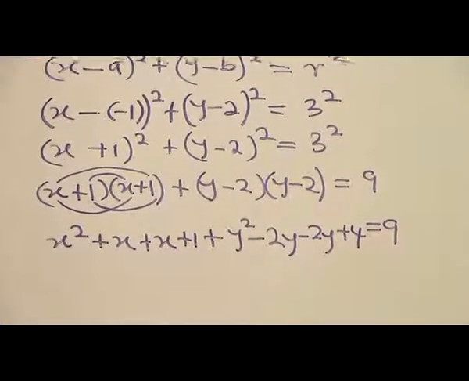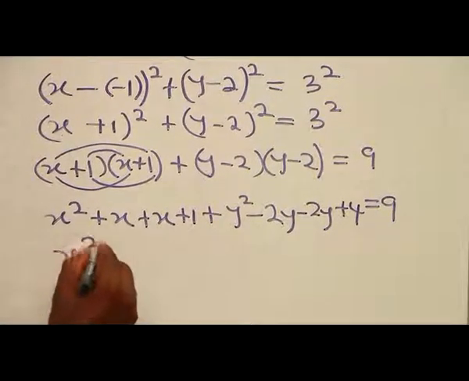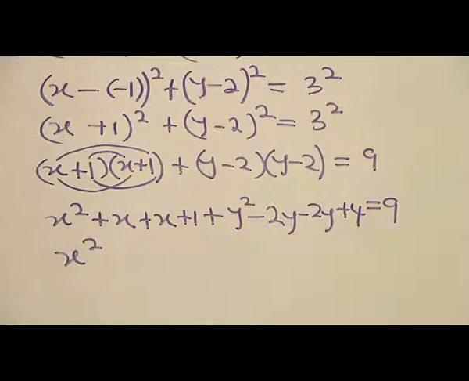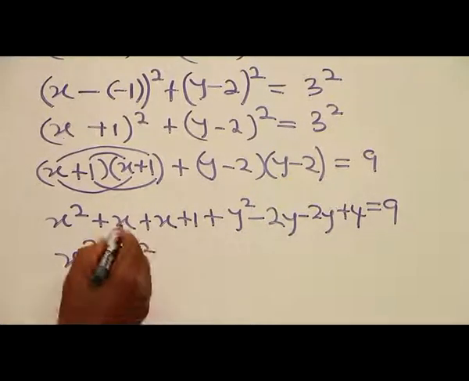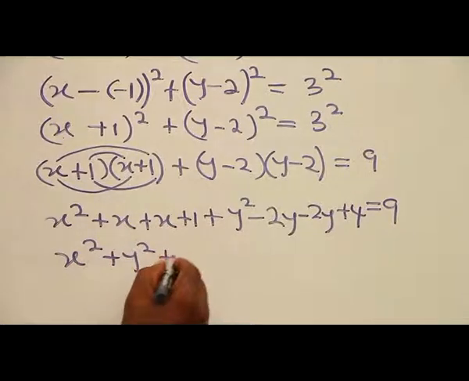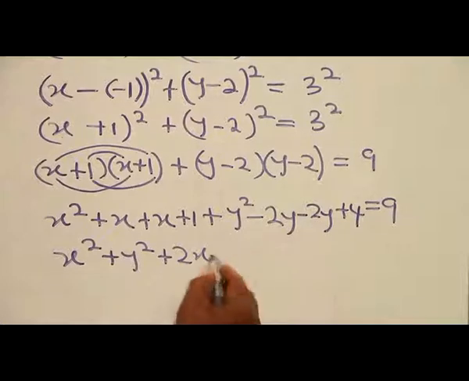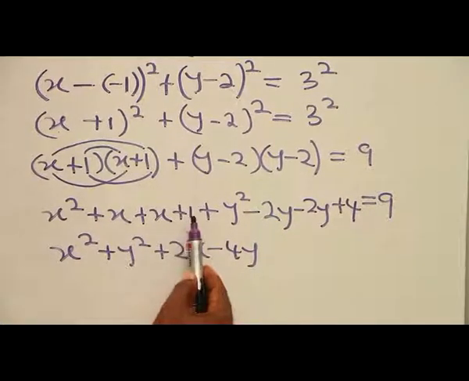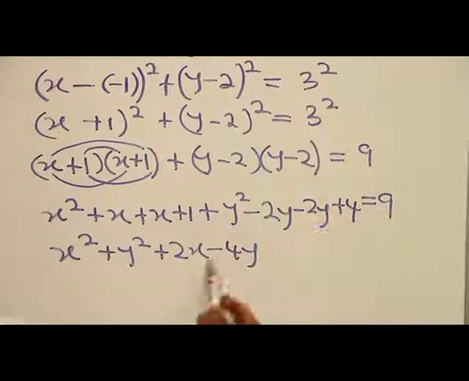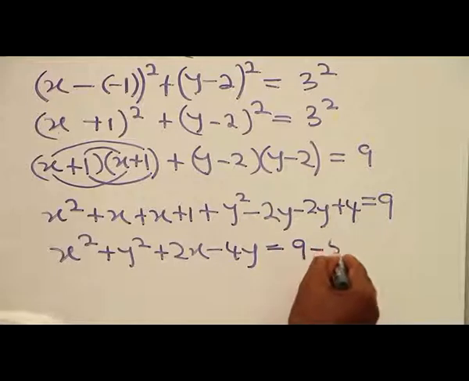After the expansion, you will collect the terms as follows. Take the terms with the highest power first, x squared, followed by y squared. x plus x is 2x. Then followed by the value for y, minus 2y minus 2y is minus 4y. Now let's take the constants. 1 plus 4 is 5, and then that will be equal to 9 minus 5.